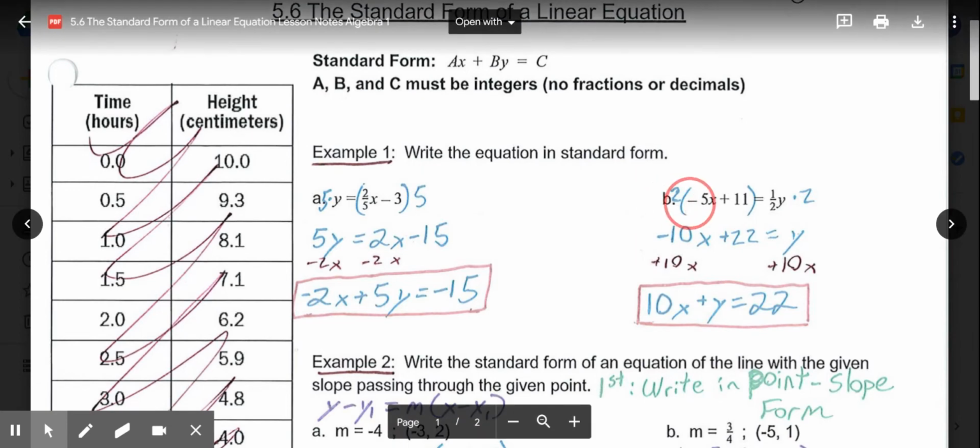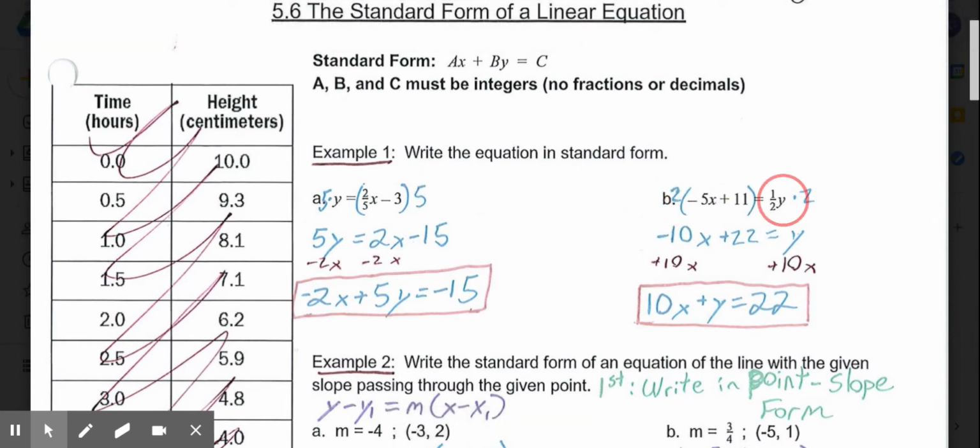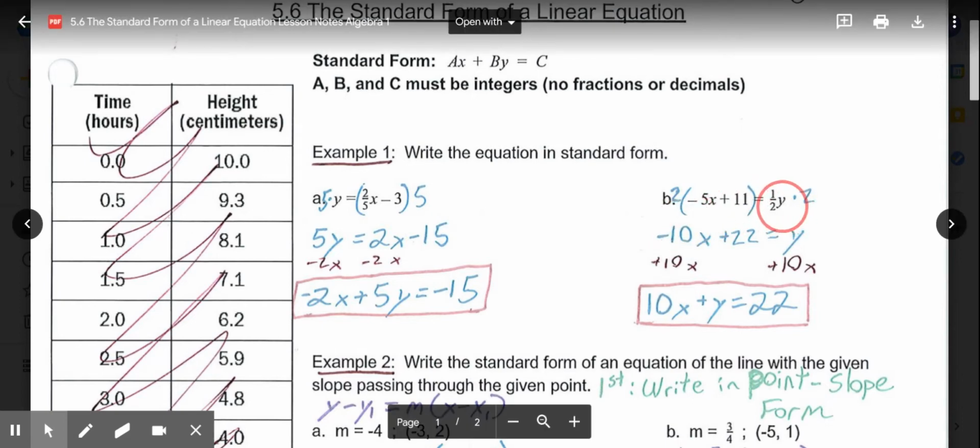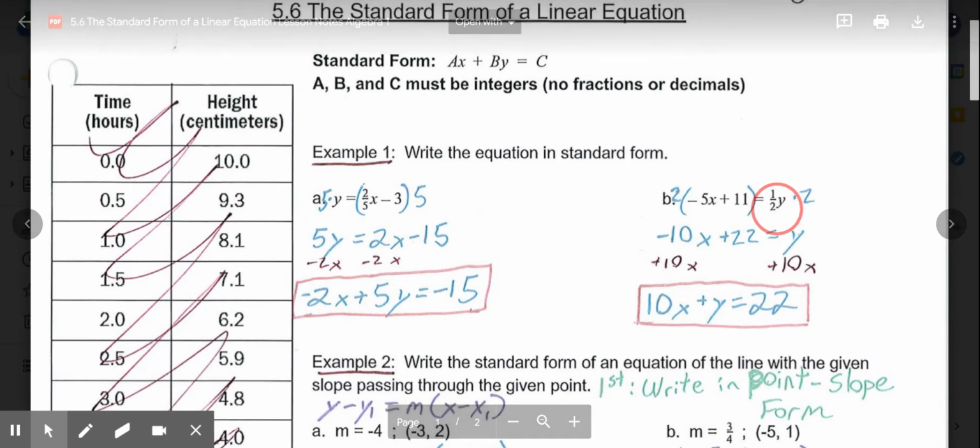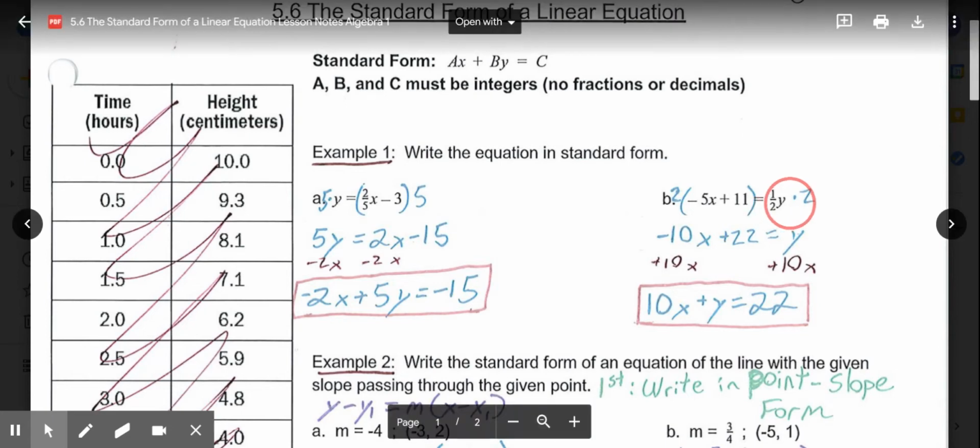So in B, let's look at this idea. We have 1/2 y equals a negative 5x plus 11. So I need to find a fraction, which in this case, it's 1/2 y. I want to get rid of the fraction, so I'm going to multiply both sides of the equals by the denominator of 2.